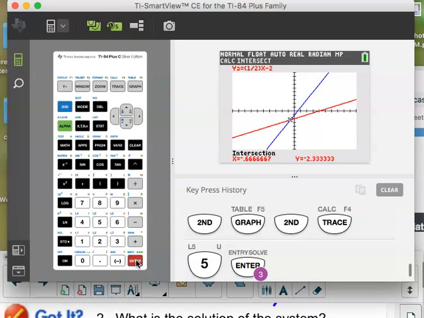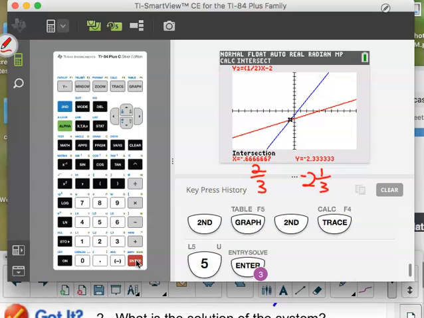Now, we should recognize those decimals as fractions. 0.66666 repeating, and then of course it put a 7 in there because it's rounding. That's 2/3. Negative 2.33333 is negative 2 1/3.